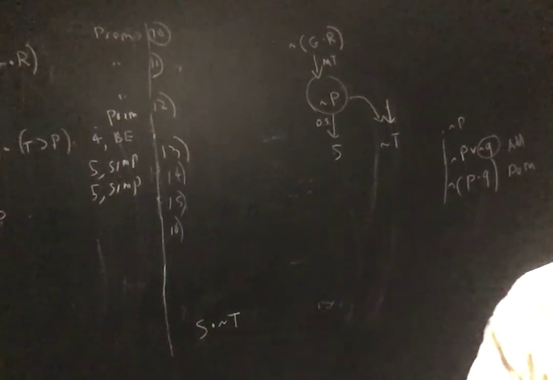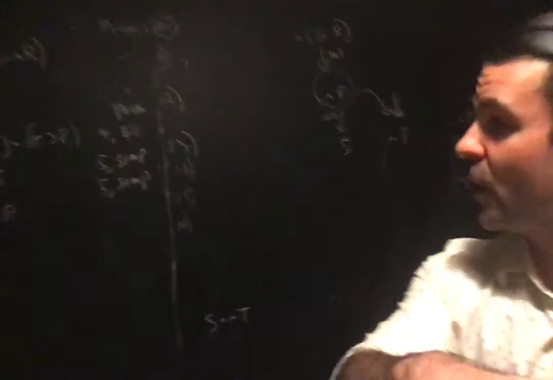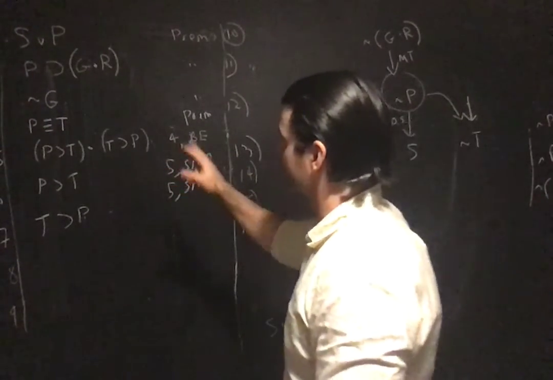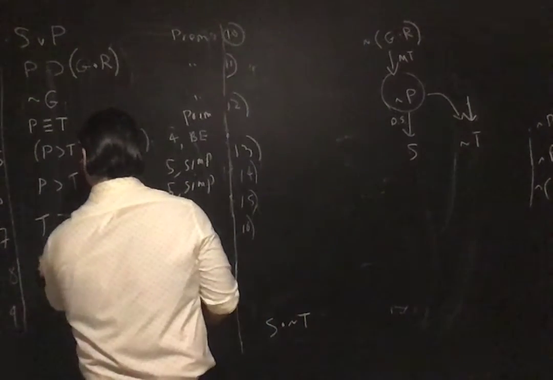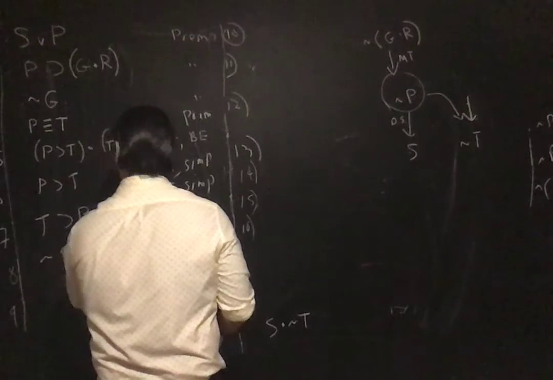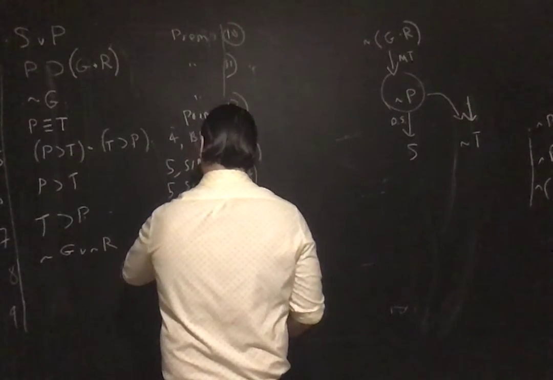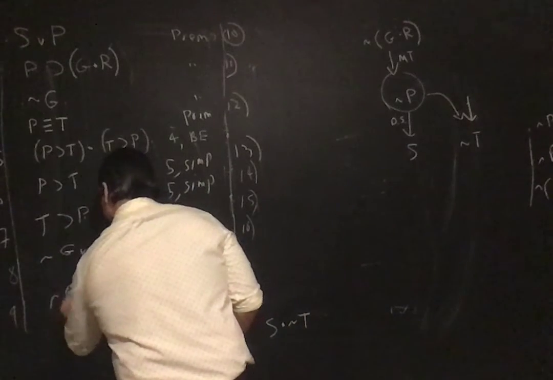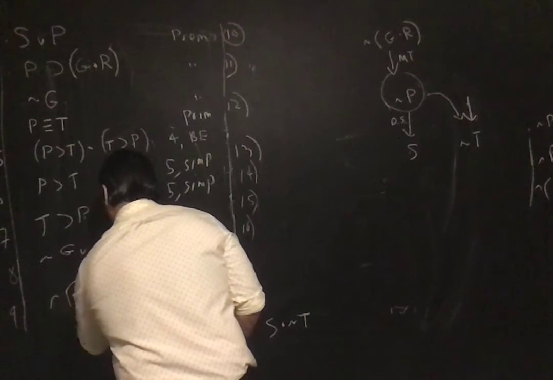See that? Okay, so I want to add the not Q, so I've got not G, I just add not R. Not G or not R, to add. Now De Morgan's gives not (G and R), and I'm home free.